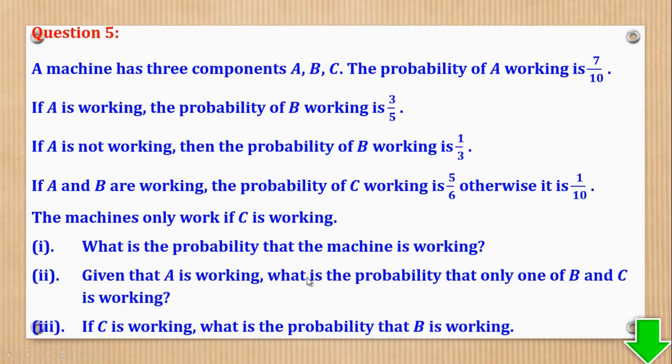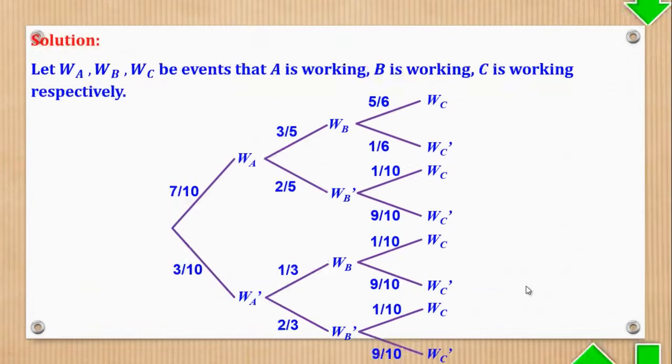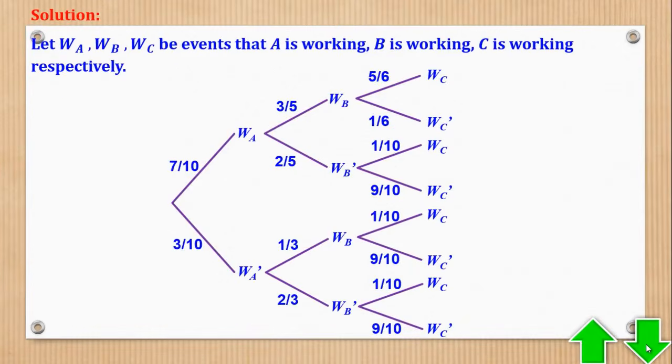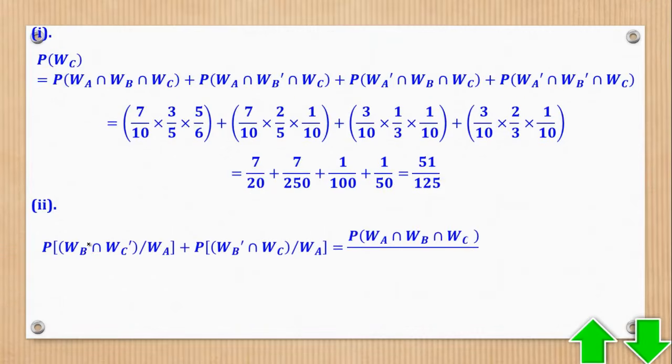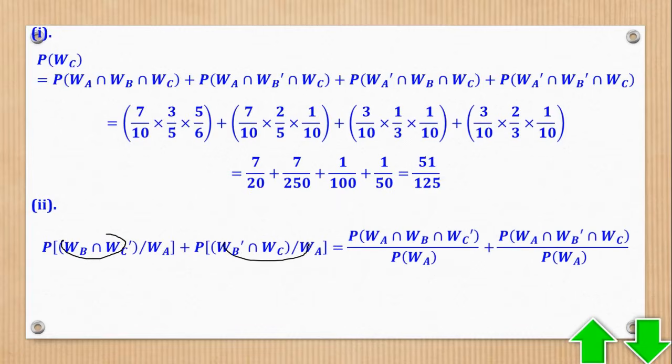So this is the probability they want, and what has already occurred is A. Only one of B or C, so either B or C is working. So it's a conditional probability, and we shall state it in that form. Here it means that only B is working, and this means that it is C working. And what has already occurred is A working.